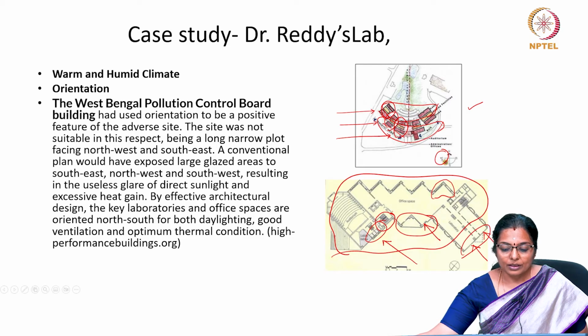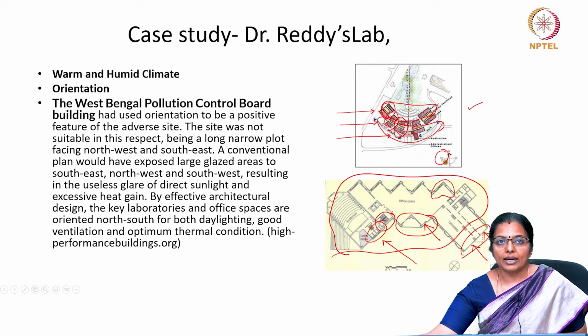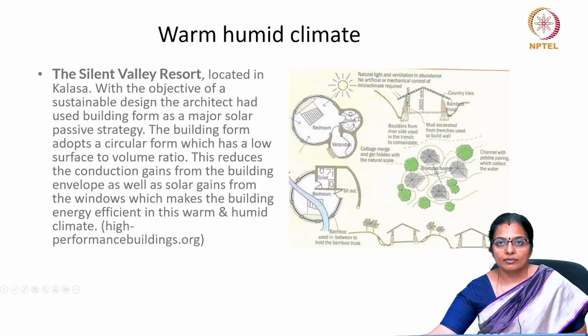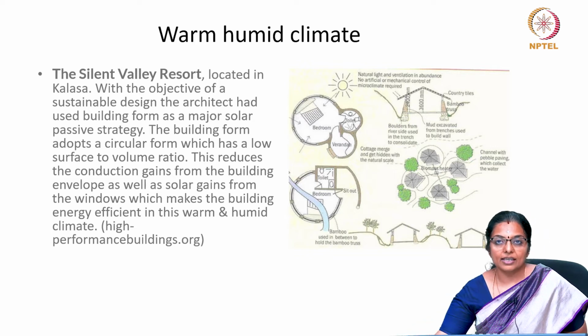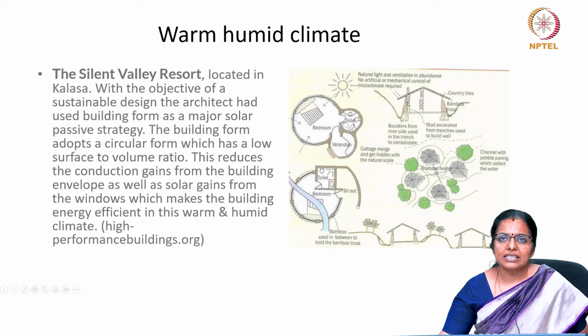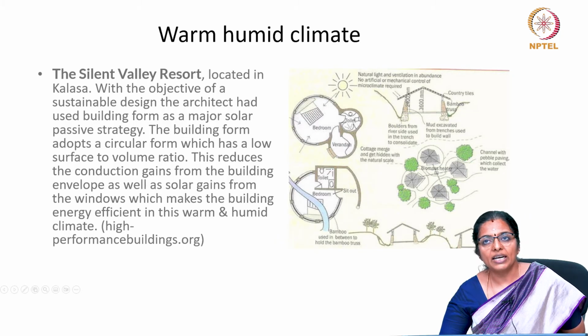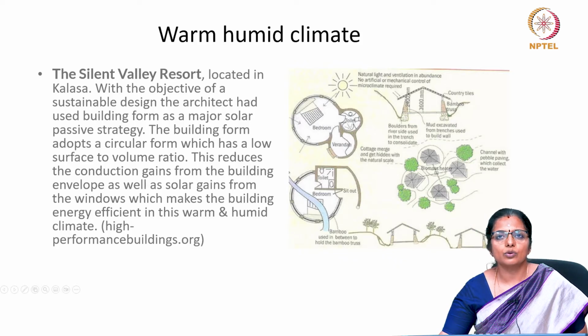So, next we will look at the Silent Valley Resort located at Kalasa, with the objective of a sustainable design. The architect had used building form as a major solar passive strategy.